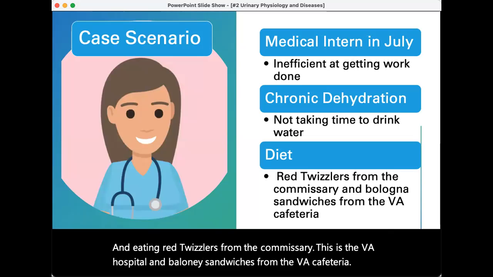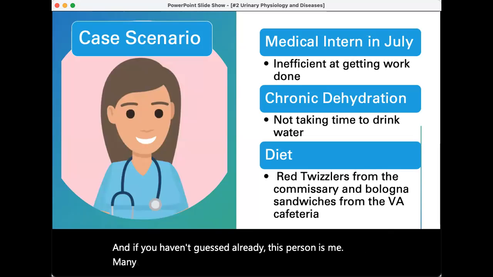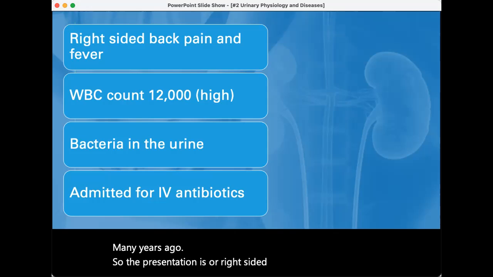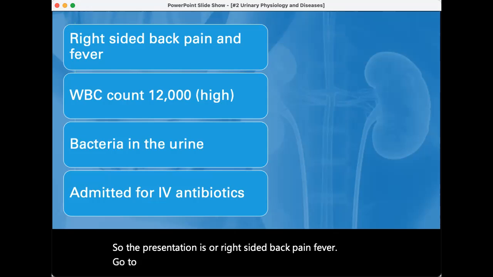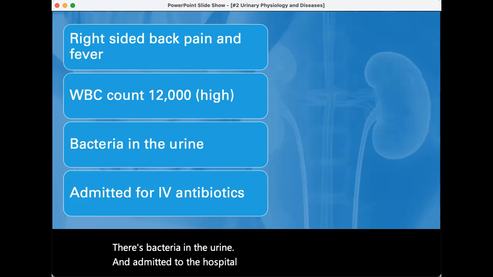And if you haven't guessed already, this person is me, many years ago. So the presentation is right-sided back pain, fever, go to the hospital, get a very high white count of 12,000. There's bacteria in the urine, and admitted to the hospital for intravenous antibiotics.